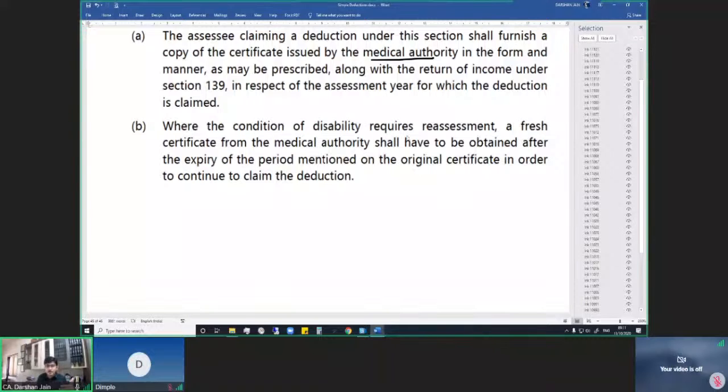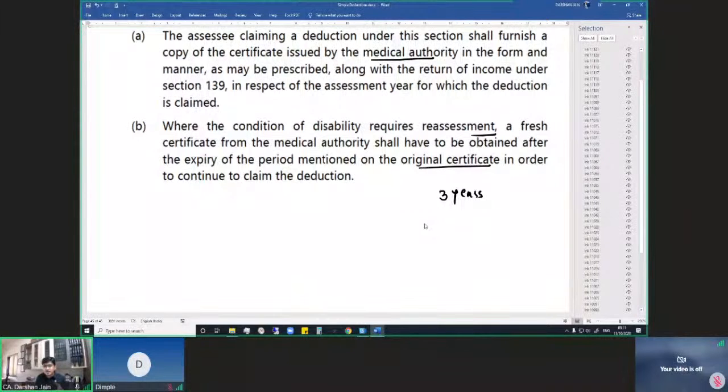Therefore, where the disability requires reassessment, a fresh certificate shall be obtained from a medical authority after the expiry of the period mentioned on the original certificate. Sometimes the civil surgeon would say that a certificate of disability would be given for every 3 years. So after every 3 years, you'll have to obtain a new certificate.